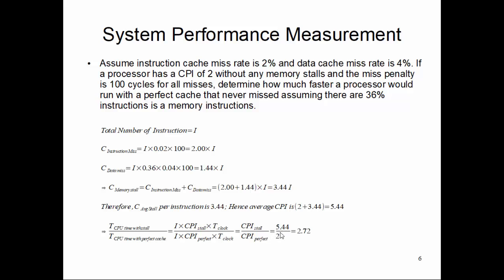With a perfect cache, no miss, the CPI is still 2. Your machine with the stall has a CPI of 5.44. You ratio them, it's 2.72. So the perfect cache would be running 2.72x faster than the one given in this example.